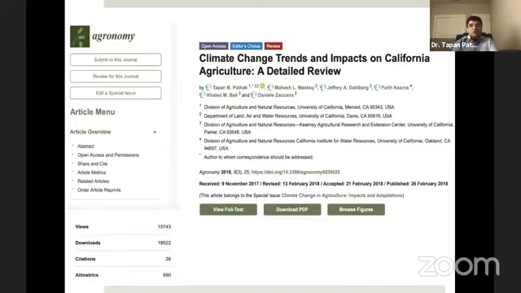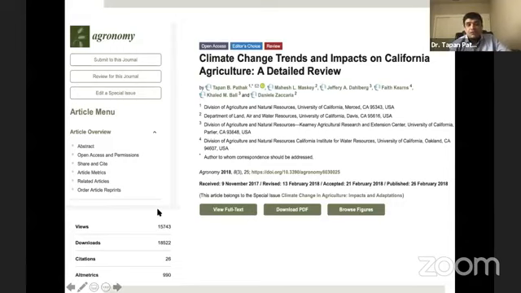Two years ago, Dr. Danieli Zakaria, myself, and many other colleagues looked at a lot of studies done in California and published a peer-reviewed paper on climate change trends and what sort of impacts agriculture in California is experiencing.